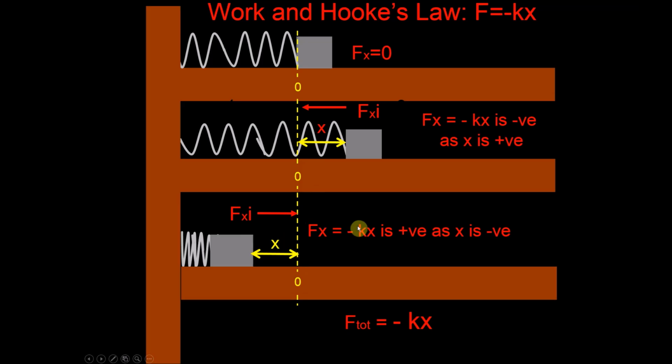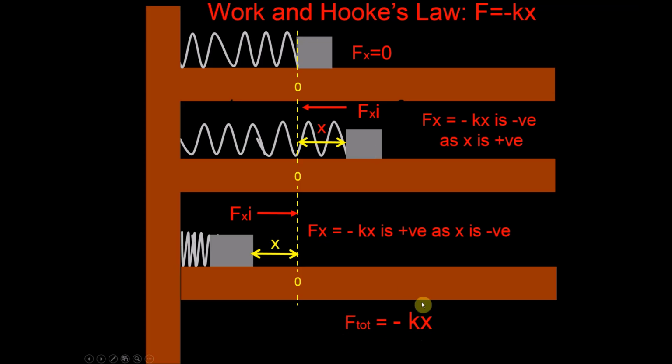So once again, F is negative kx. In this case, the force is positive as x is negative. So we end up with positive and negative forces that oppose the negative or positive displacement of our spring. This means that our force, because it's restorative, doesn't matter whether you're this side of the equilibrium or this side.